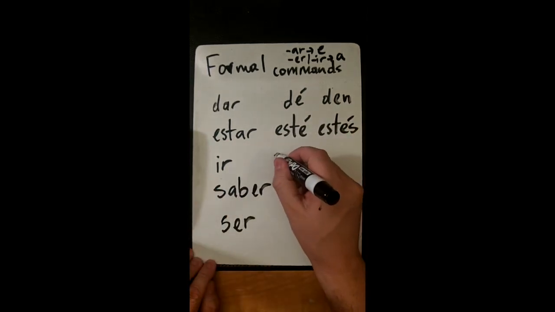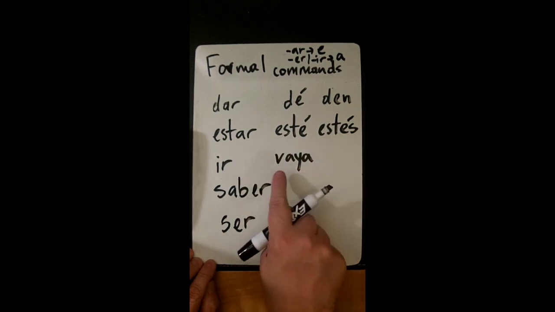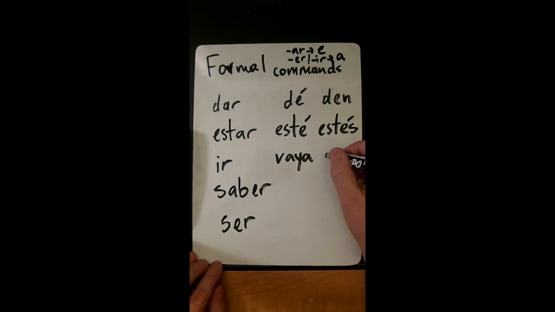Ir is going to be vaya, and this is also in your notes from last week's informal negative commands. And then this is going to be vayan.